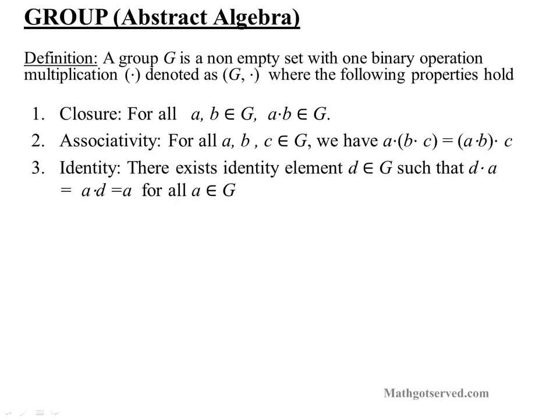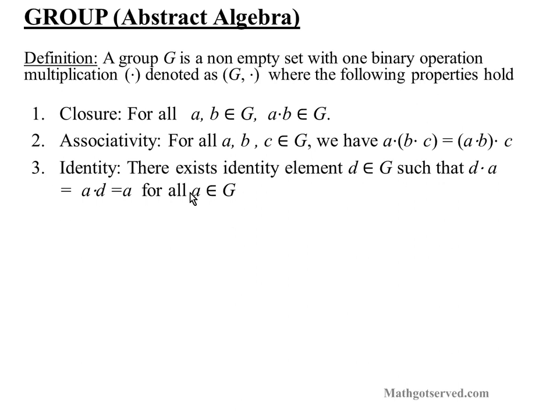Now the next is identity. So we all know what the identity element is. An identity element is what you carry out an operation with an element with, and you end up with the element that you started with. Okay?